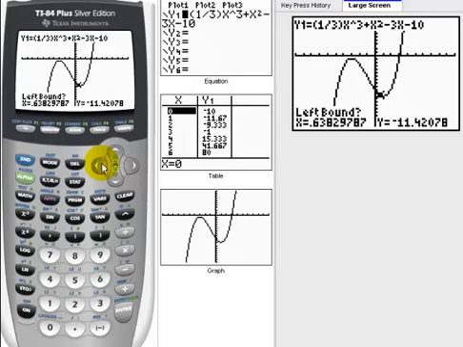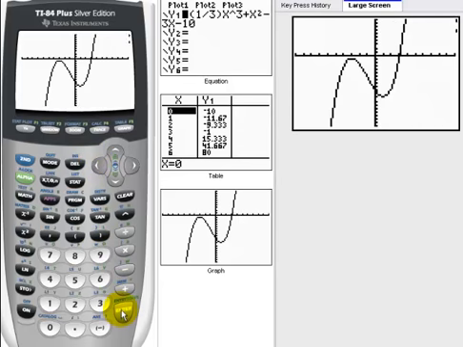So I'm going to move to the left, 3 or 4 clicks, and hit enter. Now it wants a right bound, so I'm going to move to the minimum, and 3 or 4 or 5 clicks to the right to give it the right bound. And then now it wants a guess. So I'm going to move the blinking cursor about where I think the minimum is and say there's my guess.